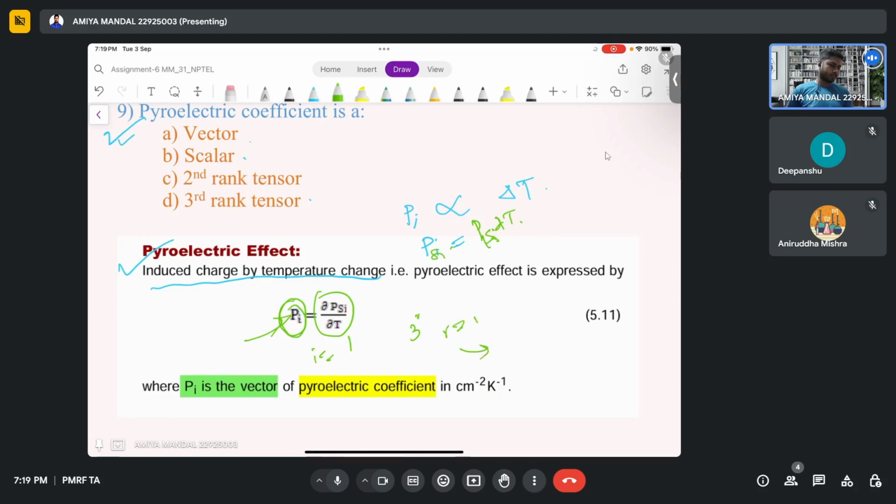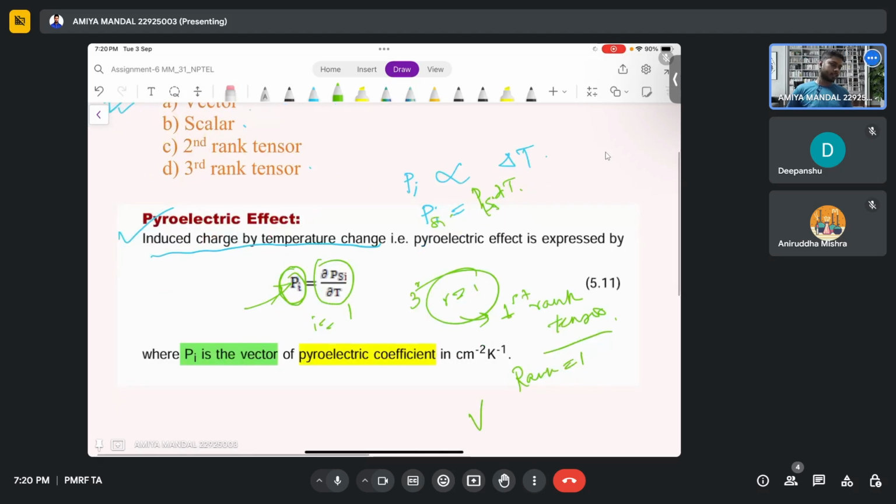This gives you a rank 1 tensor, and a rank 1 tensor is nothing but a vector, which has 3 components.